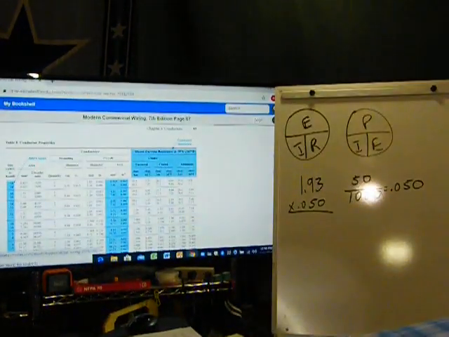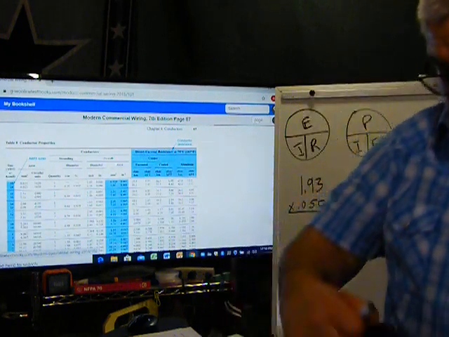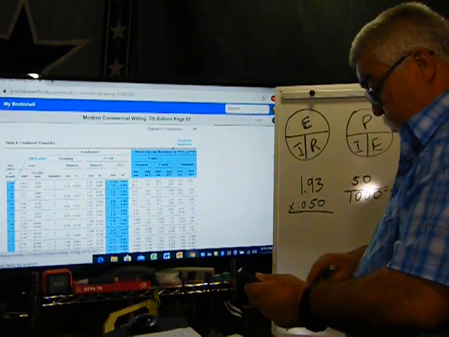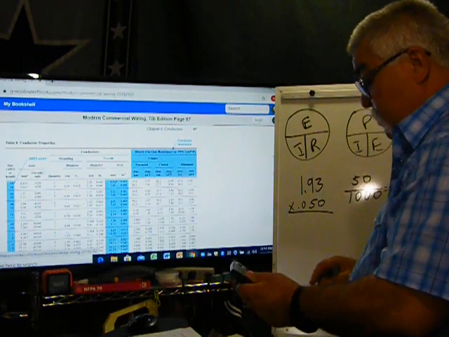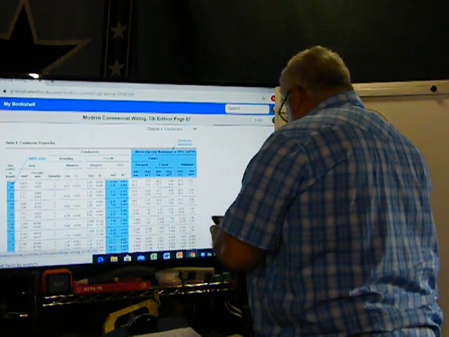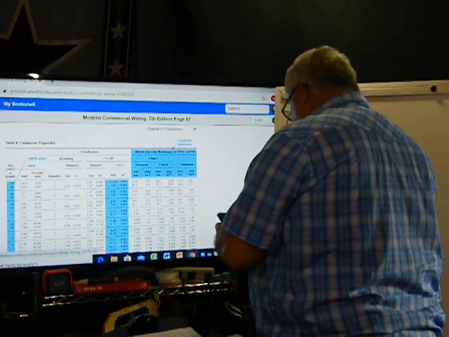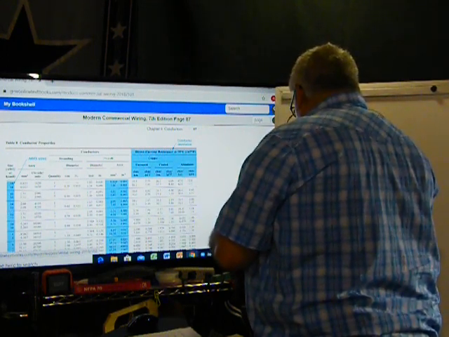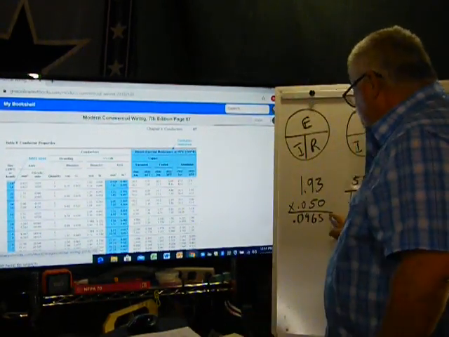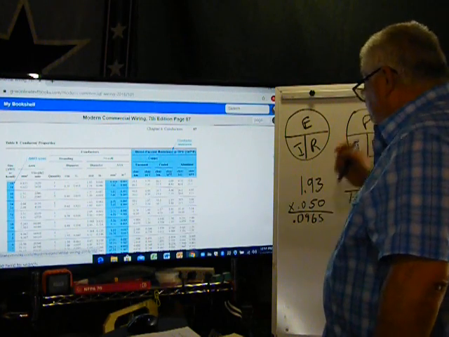What do I do with my calculator? 1.93 times 0.050. So that 50 feet of wire is 0.965. That is the resistance of that wire at 50 feet.